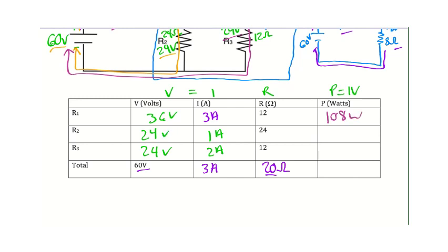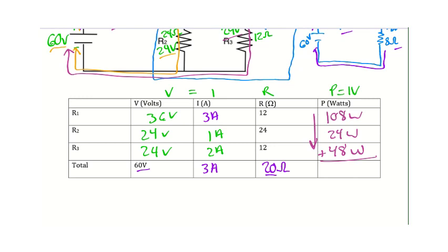We do the 24 volts in resistor 2 times the 1 amp for 24 watts in resistor 2. And the 24 volts times the 2 amps in resistor 3 to get 48 watts.